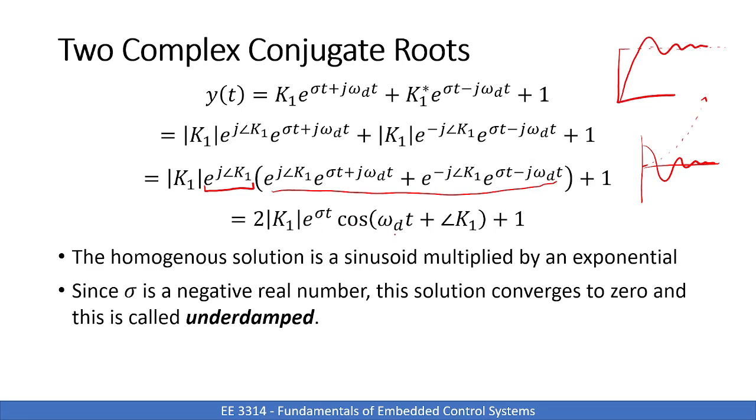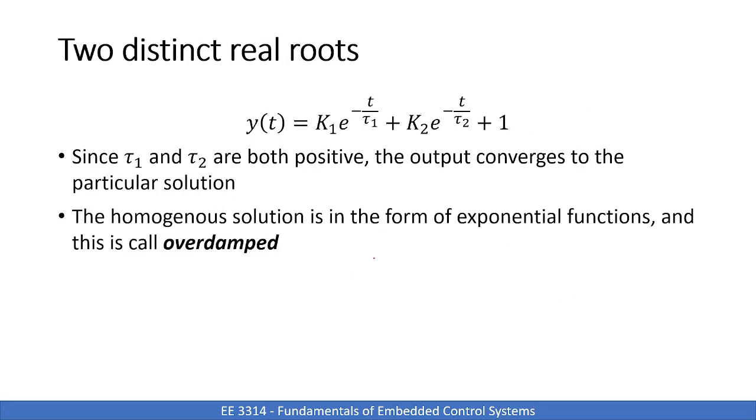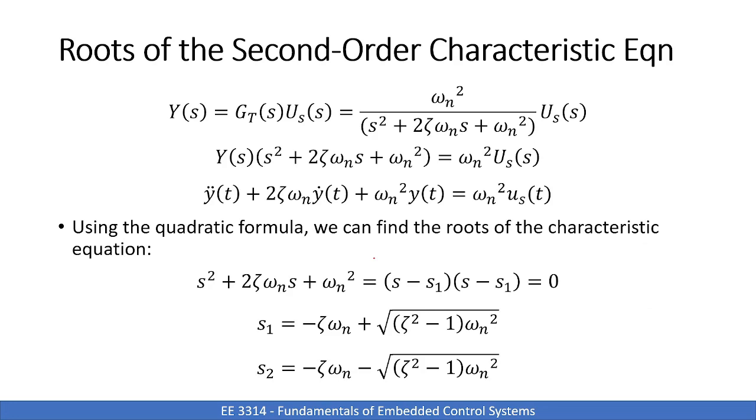It's oscillating with something related to omega sub d, which, if you look back, is related to zeta and omega n, right? So it's a combination of both of those, which are in turn related to, if you go way back, the coefficients of our characteristic equation, right?